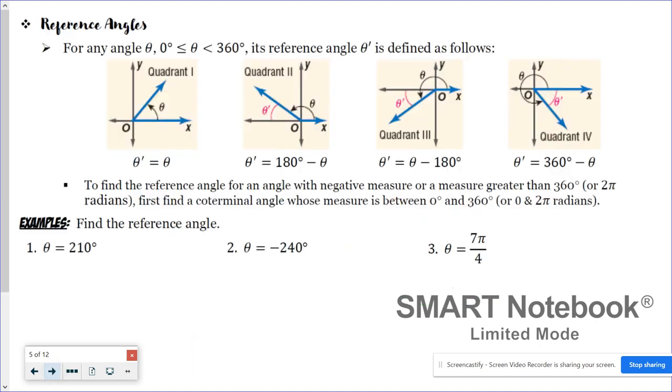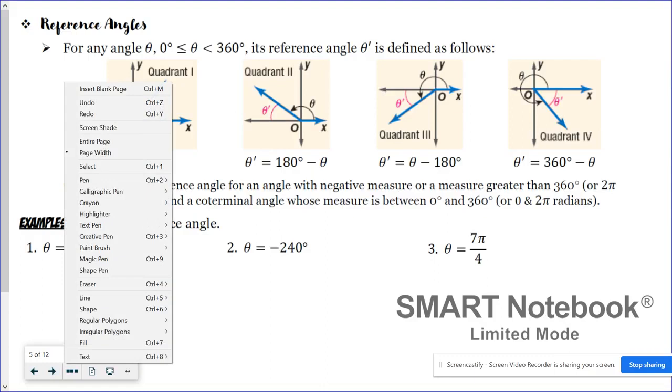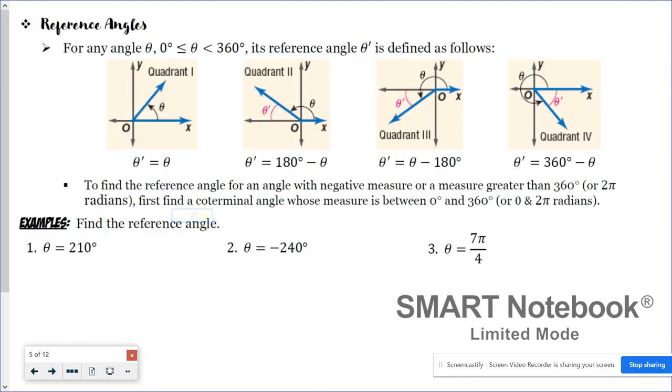So let's generalize this and come up with some rules that are going to work given any situation, okay? So we all agree that we think best in terms of 0 to 360 degrees. So if you need to, go coterminal and get in between 0 and 360, because you want to know what quadrant the angle will terminate in. And then these rules here are written for angles in between 0 and 360.